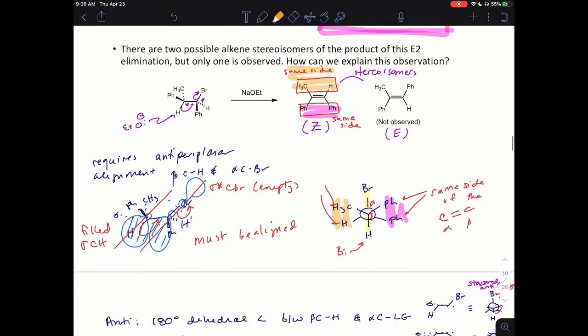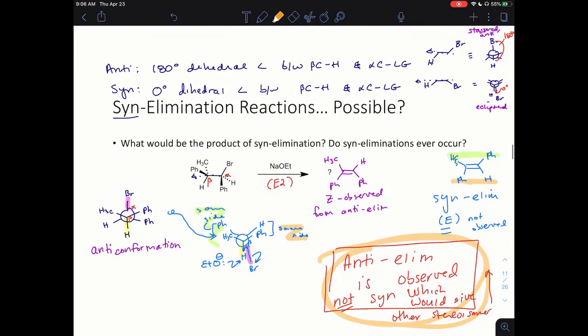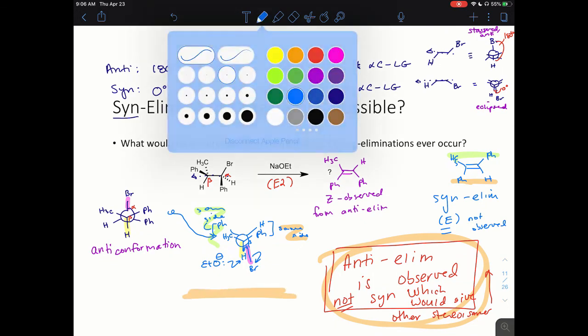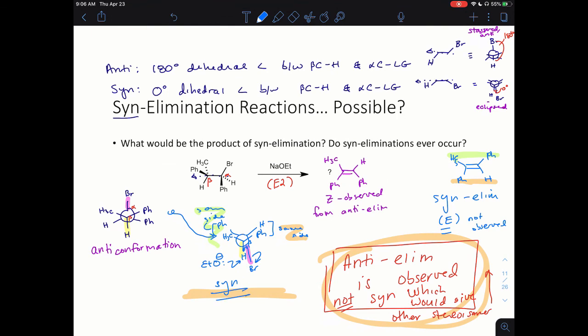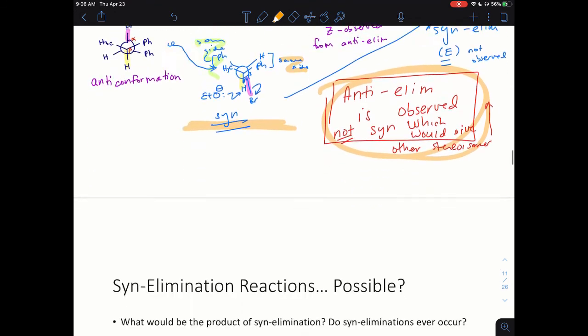Now we thought about what would happen if a syn elimination occurred. If it did, through this syn conformation, it would have made the stereoisomer that was not observed, the E isomer. So that's how we know it doesn't happen, because we don't observe the product of syn elimination. So there's this question that I ask here, do syn eliminations ever occur? Well, we need a cleaner slide, so let's think about that.